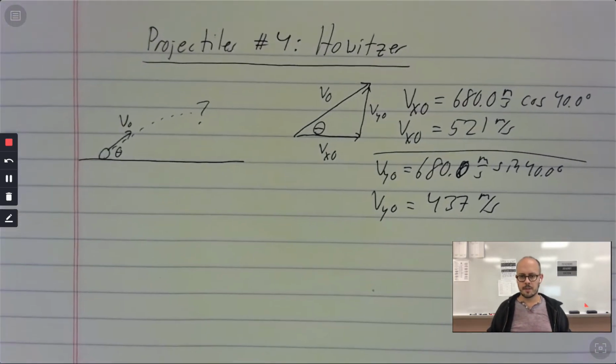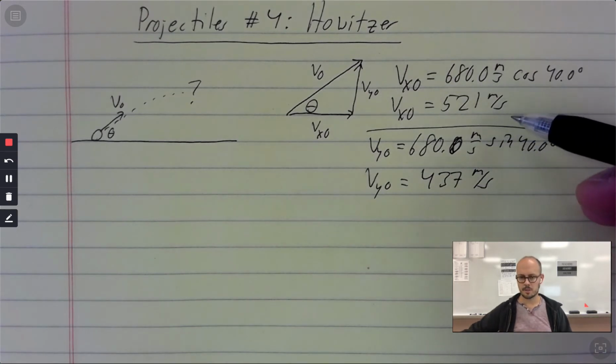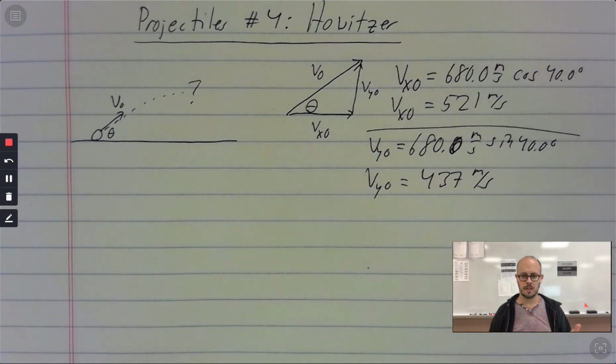So the thing about that is that that velocity is going to change as soon as the bullet leaves the howitzer, or the shell leaves the howitzer. That velocity is going to start to go down. And so what we want to figure out is what is the vertical velocity after 8.5 seconds, and then use that in combination with the initial x velocity to figure out the final velocity.